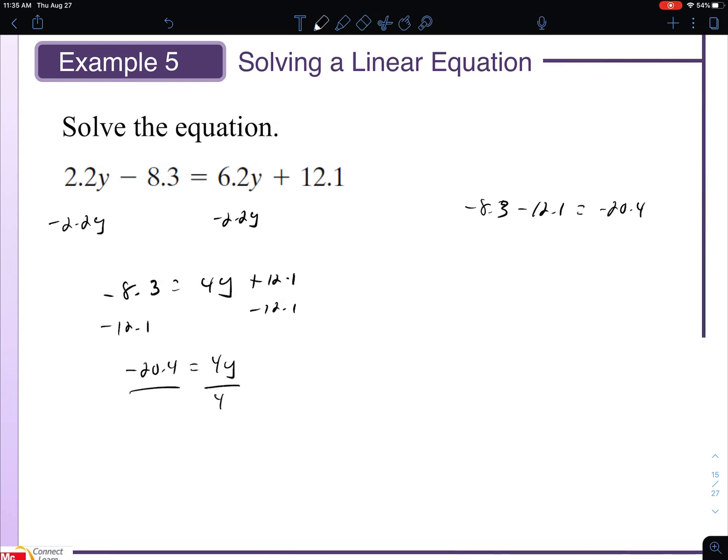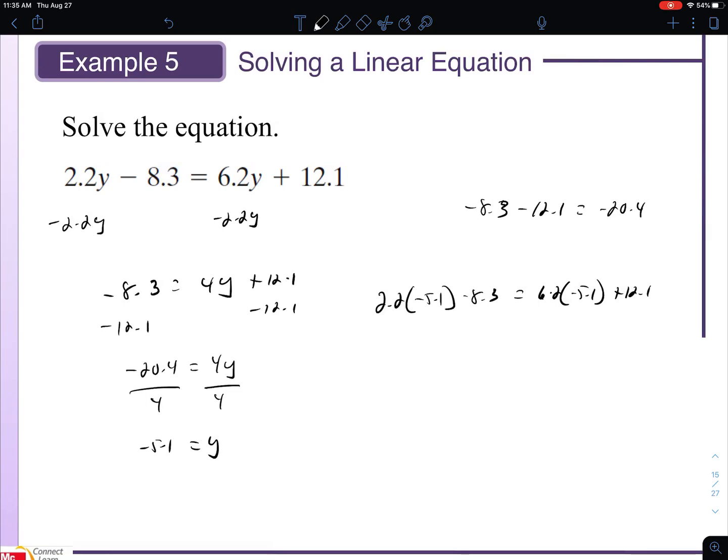So I'm going to divide both sides by 4. So if I divide that by 4, I get negative 5.1. So 2.2 times negative 5.1 minus 8.3, 6.2 times negative 5.1 plus 12.1.